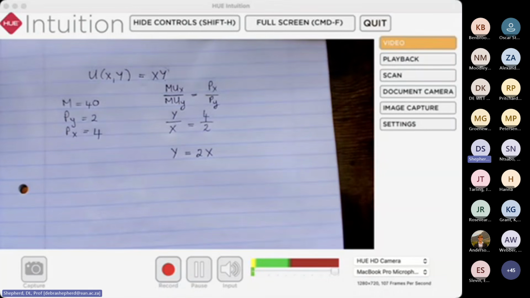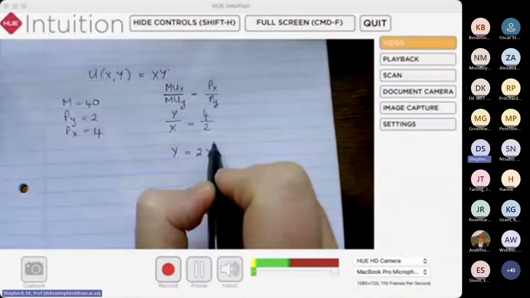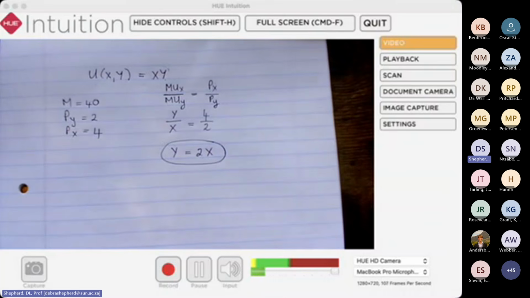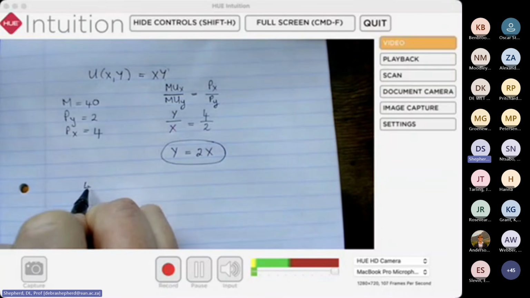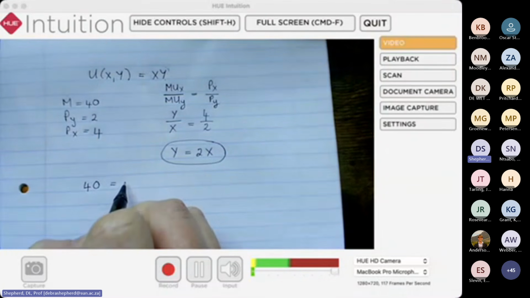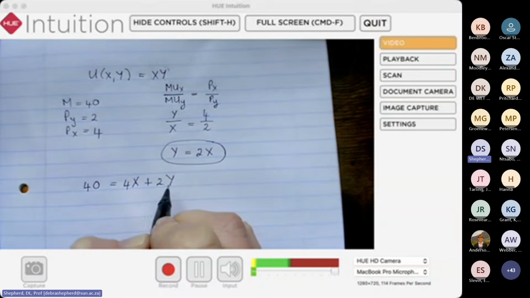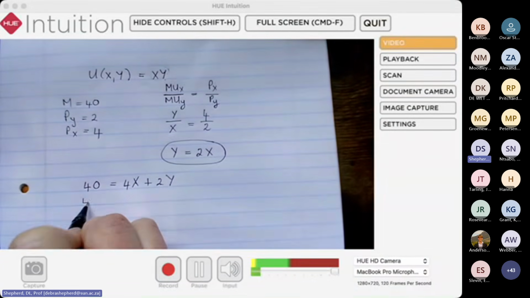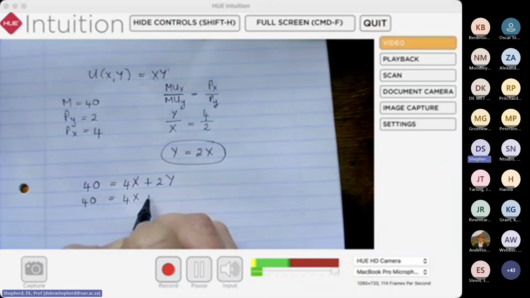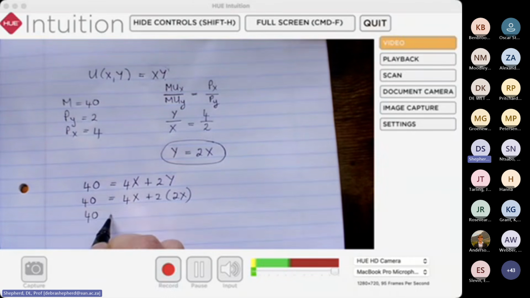Whatever amount of X I consume, I'm going to consume twice as much Y. Then I need to sub this into my budget constraint. So my budget constraint is going to be 40 is equal to 4 times X, the price of X times X, plus 2 times Y, the price of Y times Y. If I sub in Y equals 2X, what I get is that 40 is equal to 8x, 4x plus 4x.